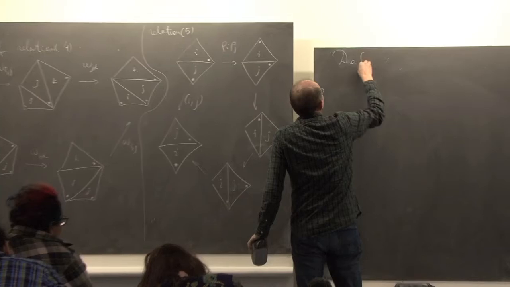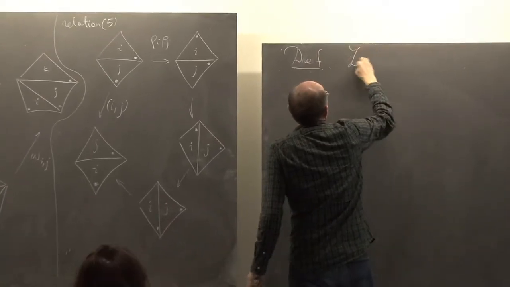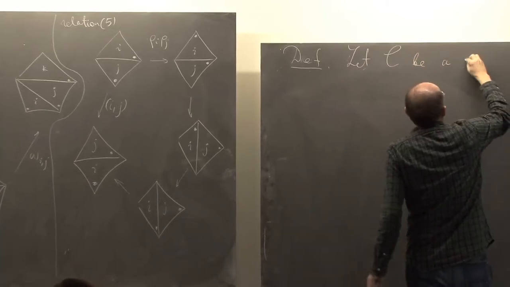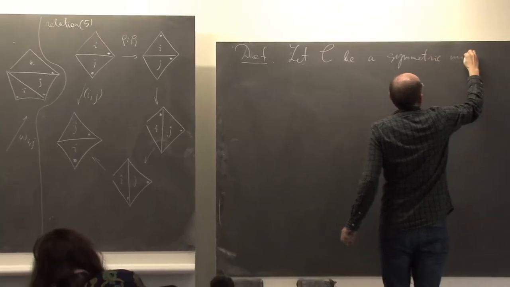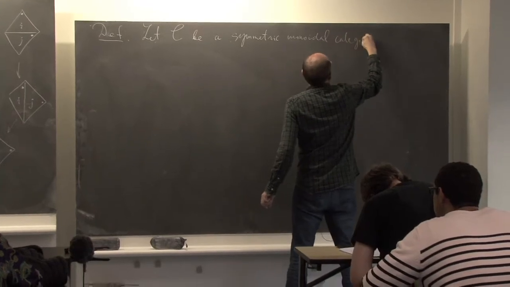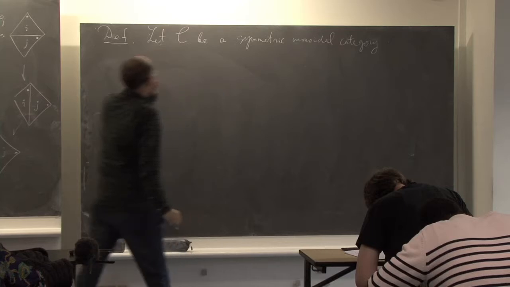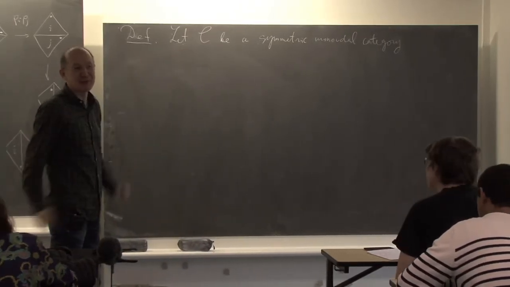So the definition: let C be a symmetric monoidal category. Don't be afraid, because we will be dealing with a very concrete thing.